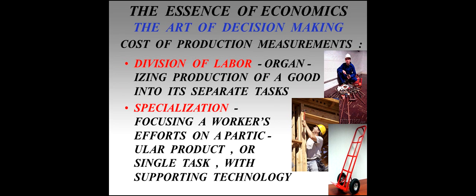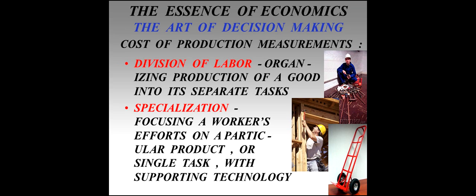specialized, which is focusing a worker's efforts on a particular product or a single task, but with the supporting technology. If in adding to the labor force with additional workers, they also gave them a dolly or a hand truck that you see here pictured over on the right, it's far easier to transport boxes from a building out to the truck, or if you also had a hand truck on the truck itself, be able to then take the boxes and move them into the truck more efficiently.